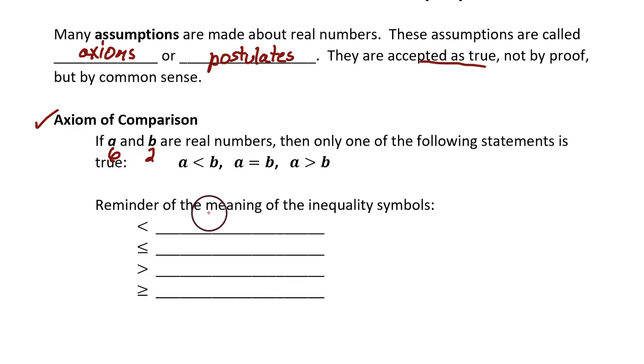This is a good time to review the different inequality symbols used in algebra. This one right here, which points to the left, is the is less than symbol. When you see it, you speak is less than. This one right here, which points to the left and has an extra line under it, is the is less than or equal to symbol.